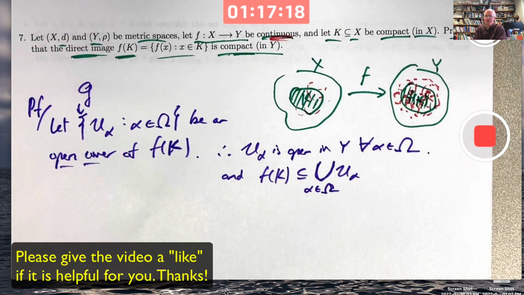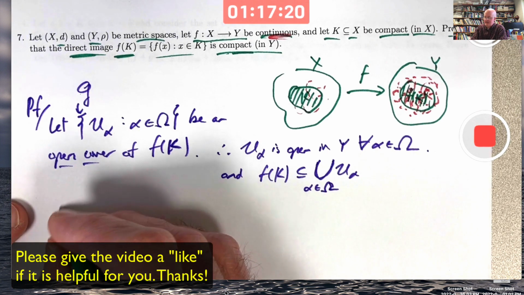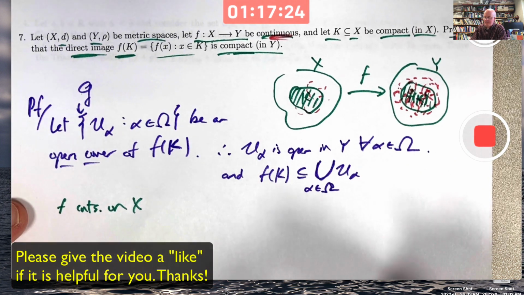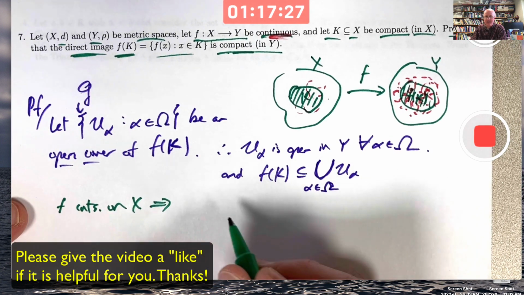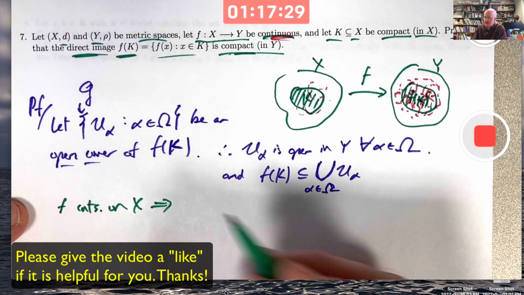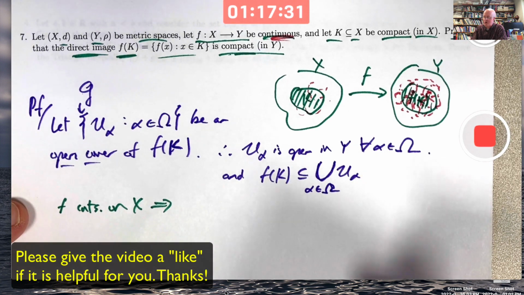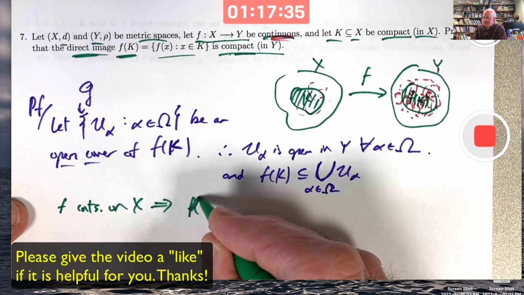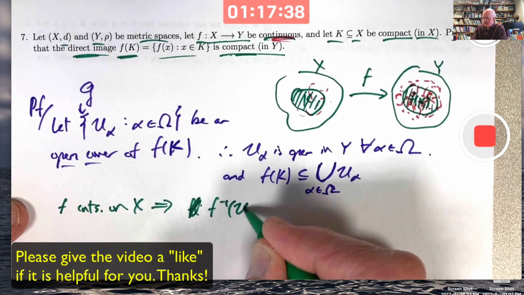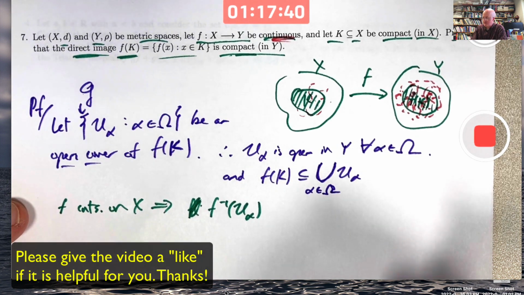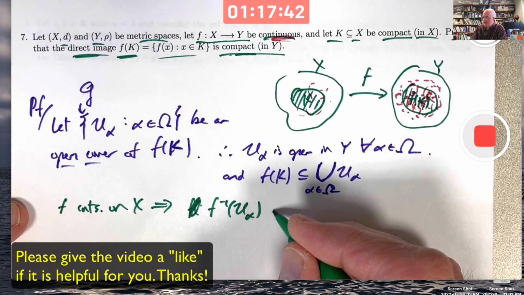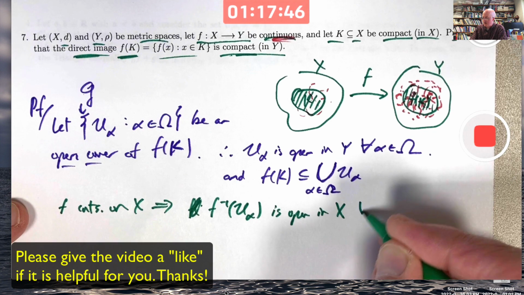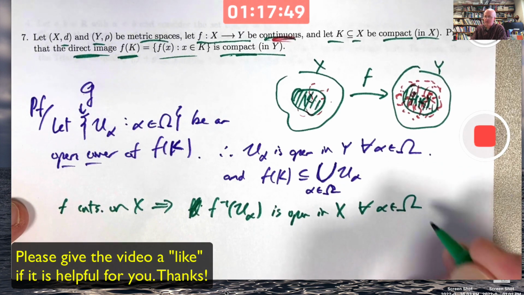By the fact that we just talked about, f is continuous on X implies that each preimage of each of these U alphas is open in X. F inverse of U alpha, which again exists whether f is invertible or not, is open in X for all alpha in capital Omega.